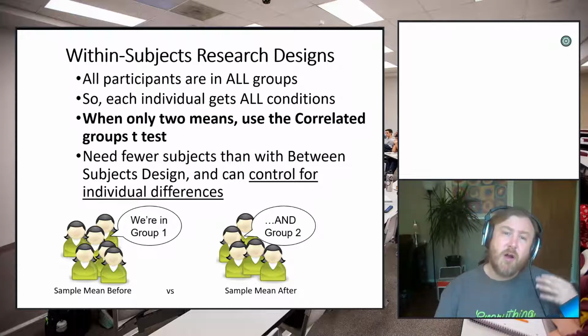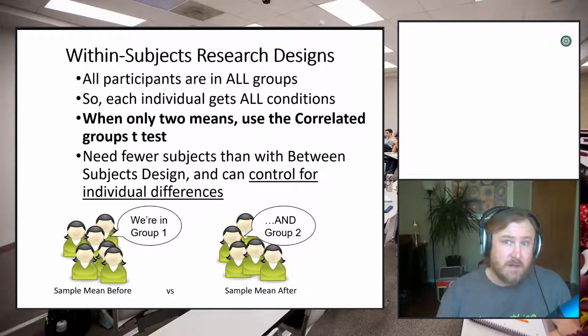Now, whenever our independent variable only has two levels, right? Meaning it's a categorical independent variable with two levels. We have two means. We're going to use a correlated groups t-test to compare those two means collected on the same person.